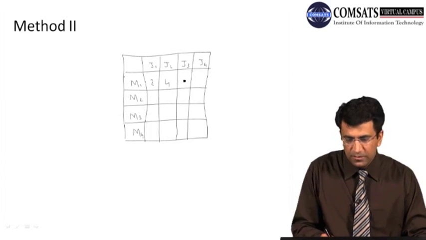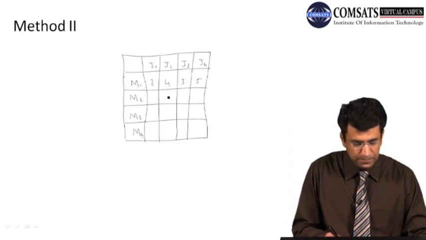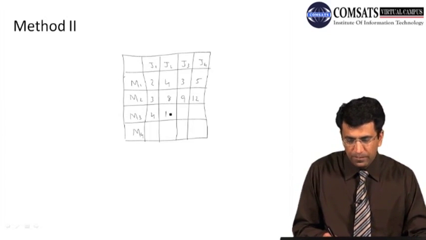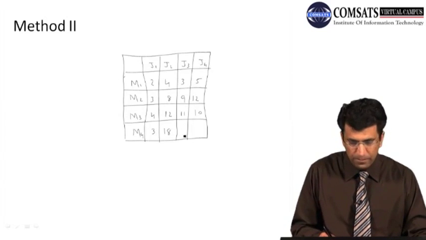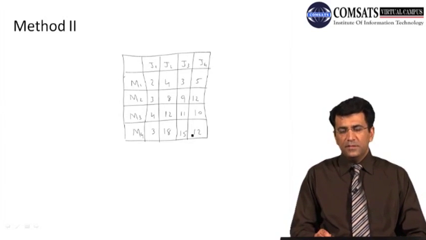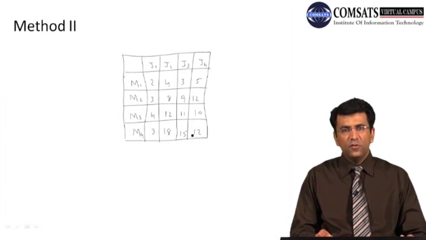I am rewriting this matrix. Now class, this is again the same matrix, that is there are four machines, M1, M2, M3 and M4, there are 4 jobs, J1, J2, J3, J4.